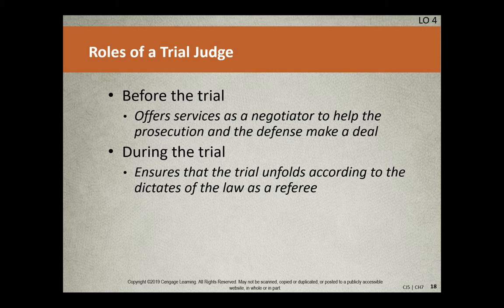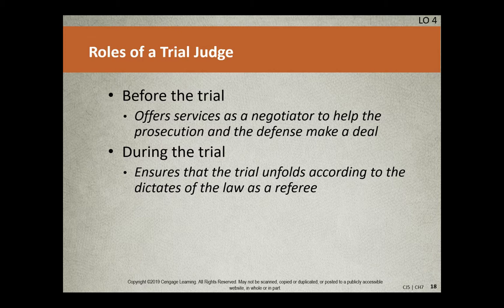Before a trial, there's a lot of work that's done by a judge before the trial even starts, and it's free from public scrutiny. He or she is going to determine whether there is sufficient probable cause. Is there sufficient probable cause to authorize search and seizure or electronic surveillance?